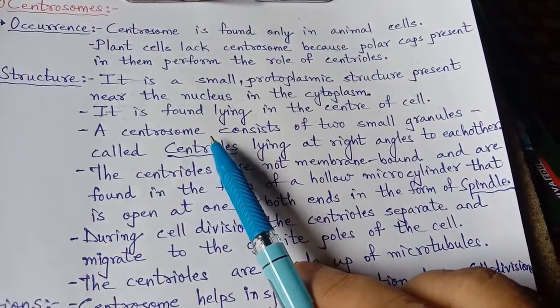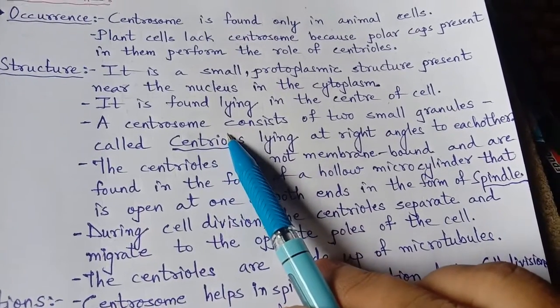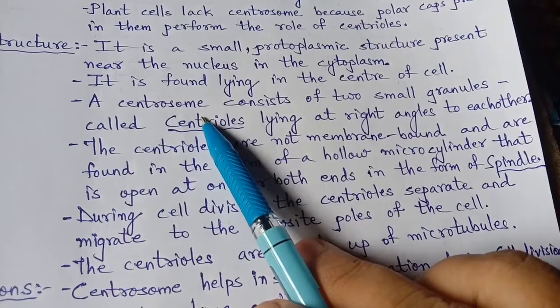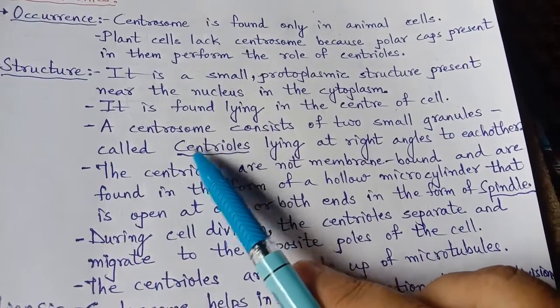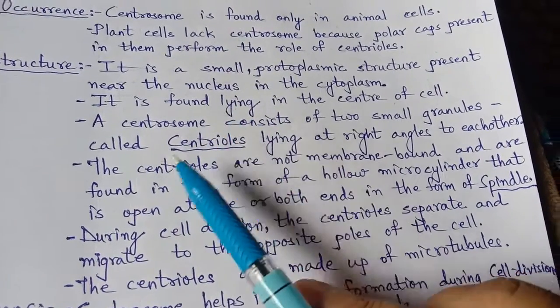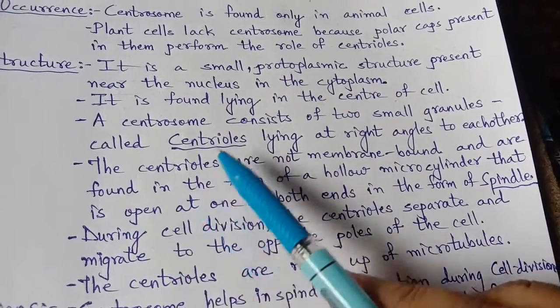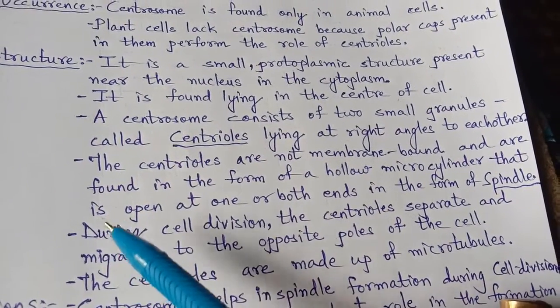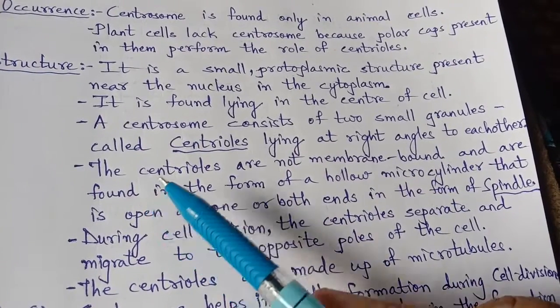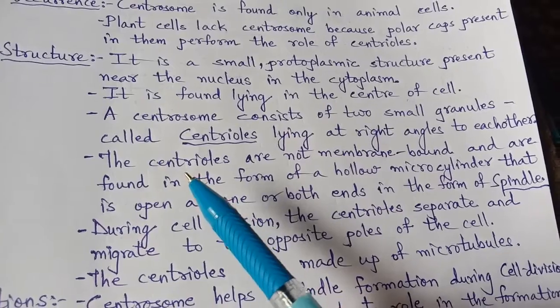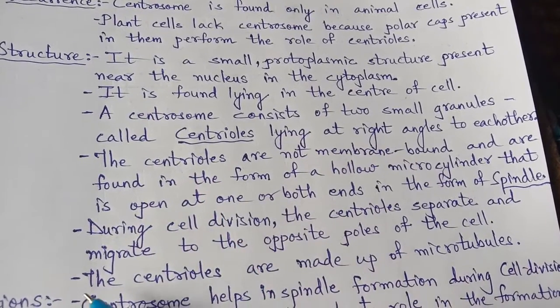If you have seen the animal cell and plant cell, which I have uploaded earlier, in that animal cell, if you have seen, I have drawn centrioles, spindle of microtubules, that is centrioles. That means a group of very thin tubes together is called a spindle of microtubules, that is centrioles.